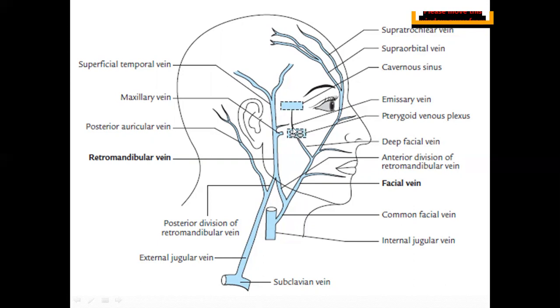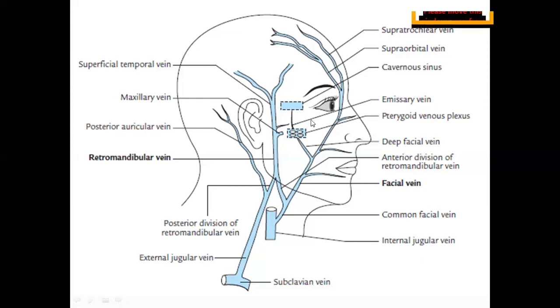Pterygoid venous plexus via emissary vein, it connects with the cavernous sinus. Hence, if there is any infection in the facial region, through emissary veins, the infection can pass to the brain, to the cavernous sinus, leading to the clotting of blood in the cavernous sinus called thrombosis. Thrombosis of cavernous sinus. Okay.